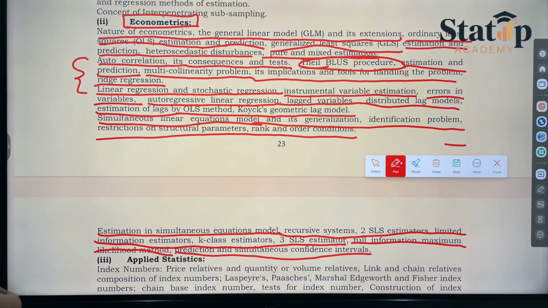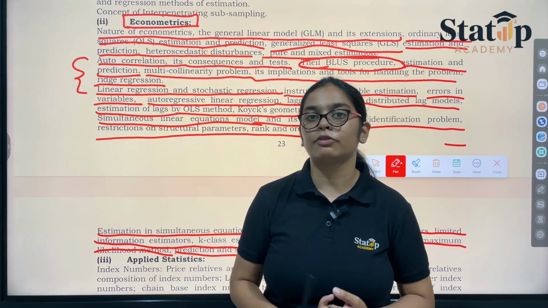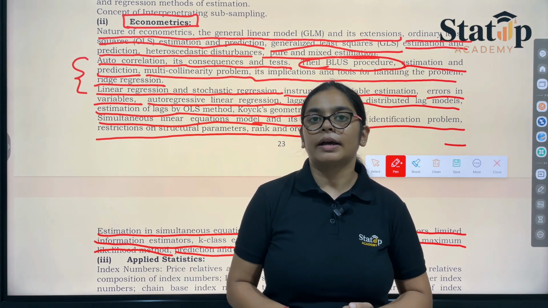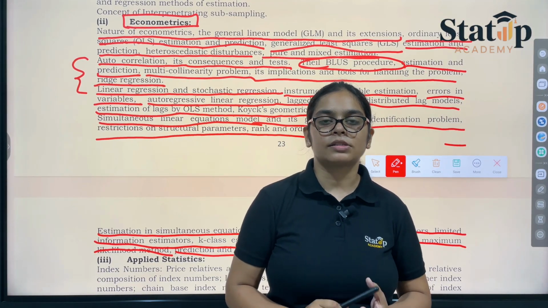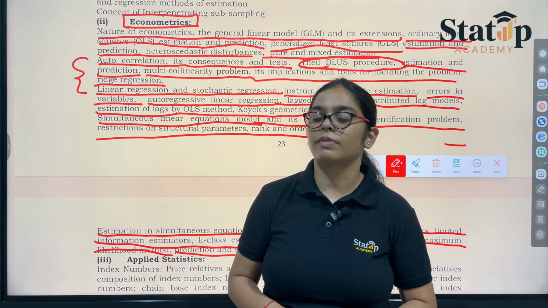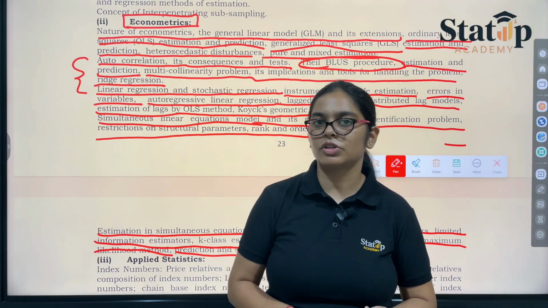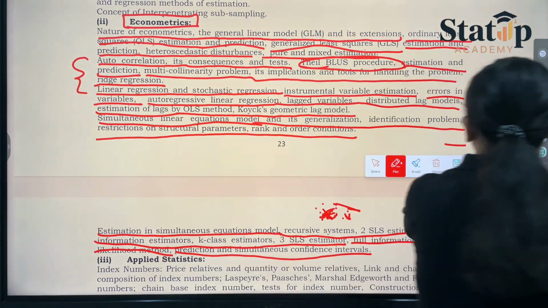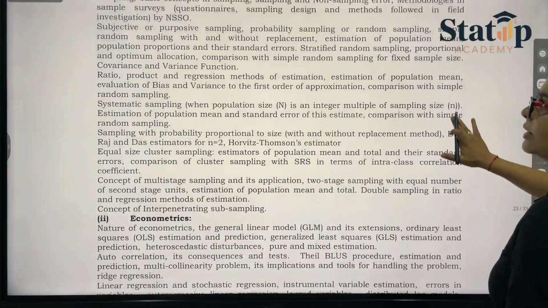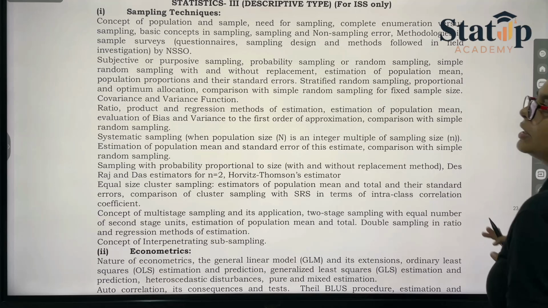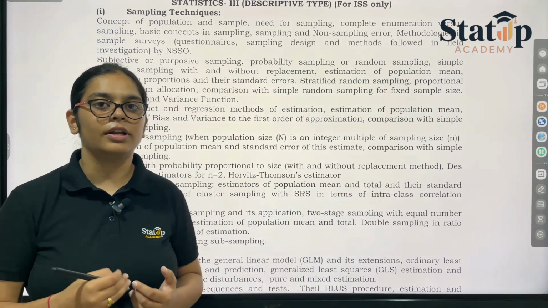Now from tomorrow on, we will start with another topic. If you have any doubt, or if you think that we haven't covered any topic correctly, or we are left with any topic, then you can ask in the comment section and tell us where we are lacking. And tomorrow we will start with sampling, which is paper 3, and it also has a vast syllabus. Sampling techniques is one of the most important topics in paper 3 as well as for your examination.